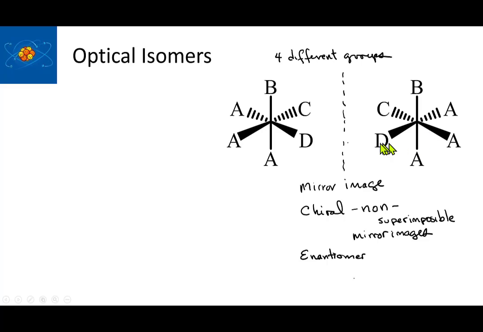Now, we're not going to go into the nomenclature of designating which one's left and right, because that's a little bit more than we need to do. But I wanted to get the idea that these are non-superimposable mirror images. Okay, so how would I go about making that determination?